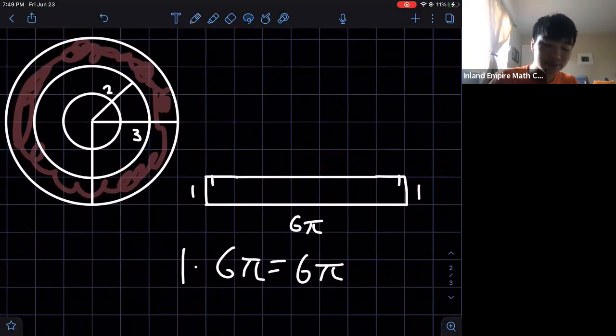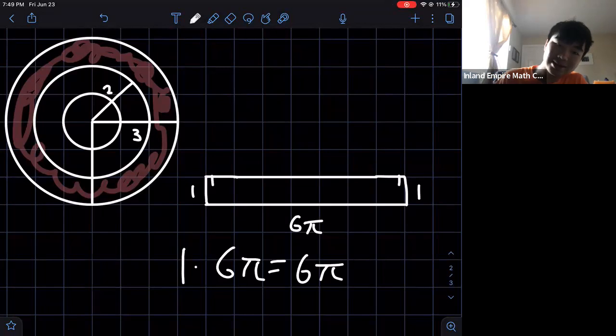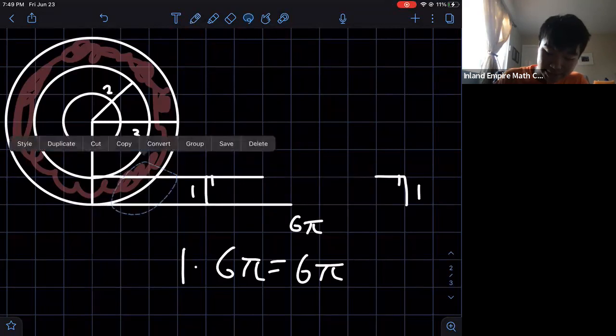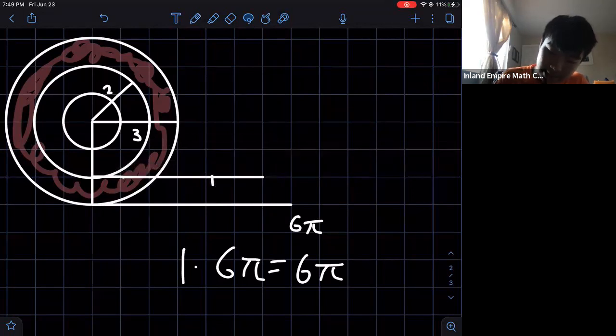And in this circle in the center, well, we don't know what that is, since we don't know the area of a circle, but we could create an infinite number of smaller and smaller loops and find the areas of each one of them and add them up together. But an easier way to think about this is to take your loops and line them up right on the radius right here.